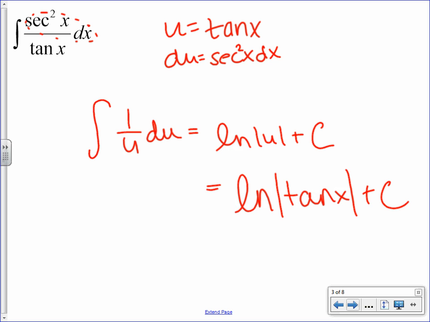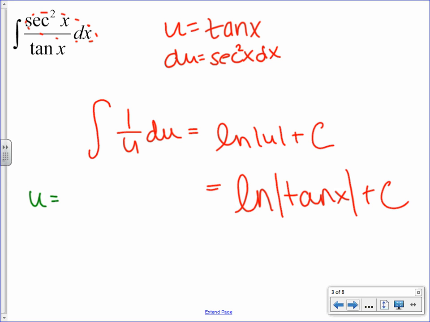So, could you have made secant squared your u then? Or would you always make the denominator? Well, you might try it out. We don't have one rule for secant squared over tangent, right? So we tried to simplify it, that didn't work for us.